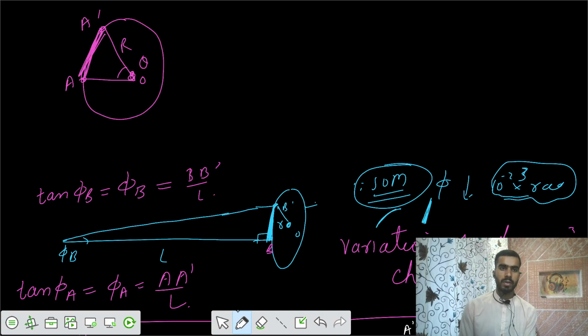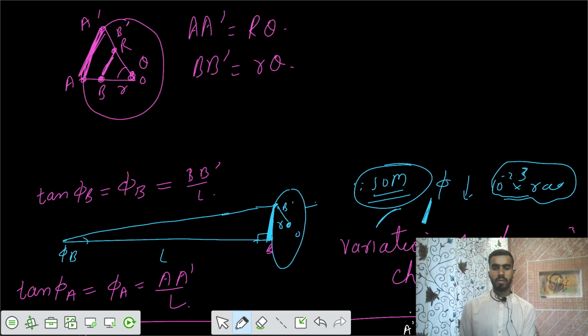What is the value of AA dash? That's r theta. Similarly, the point B reaches B dash, so BB dash equals small r theta. Now you got the values. You substitute here.